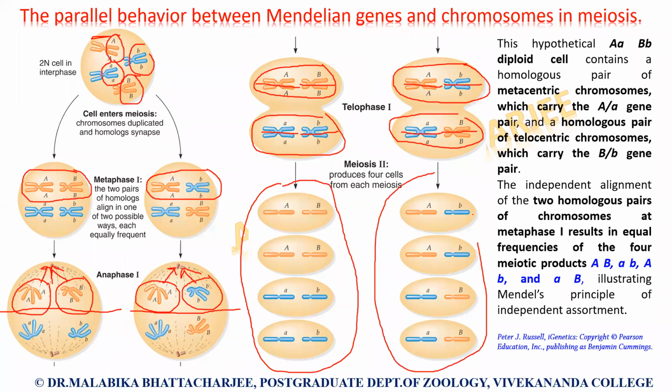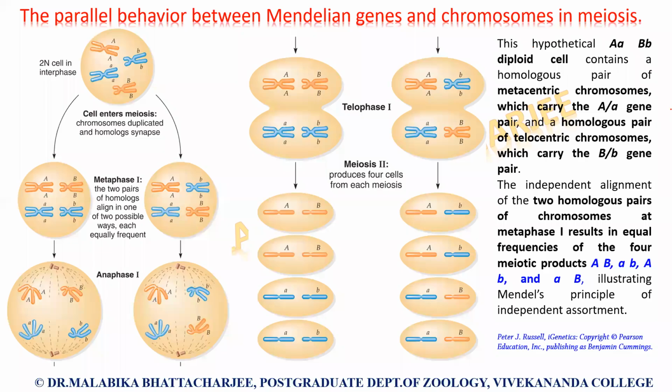The products might be different to some extent depending on how the chromosomes were initially aligned in the metaphase 1 plate. So based on that, we can see that the principle of independent assortment has occurred.